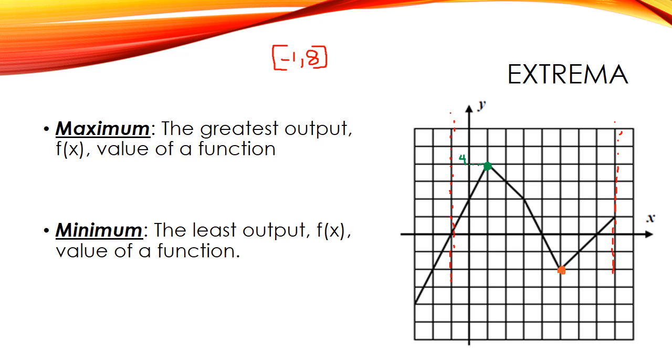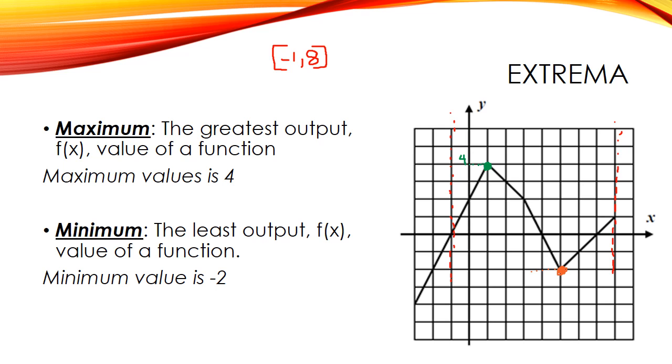And the minimum is basically how low this point is going, and in this case, the y value for this point is -2. That means that the minimum value for this function is -2. So the maximum is 4, and the minimum in this case is -2.